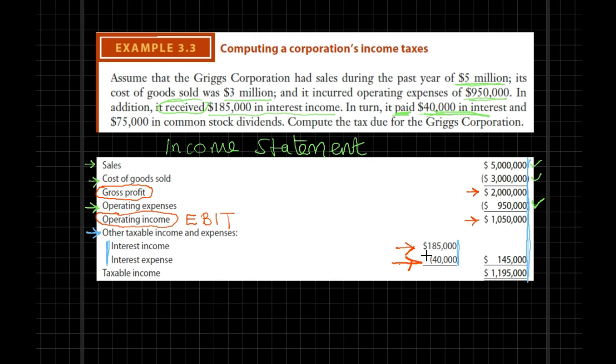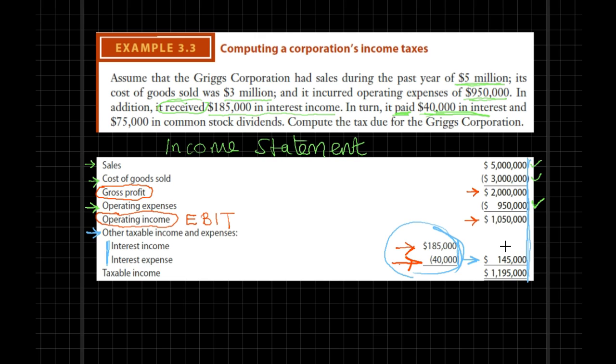Income is positive, expense is negative. $185,000 minus $40,000 will give you $145,000. That line will be underneath the main indentation, so the main alignment. So we did a sub calculation inside, and then we go back to our statement.